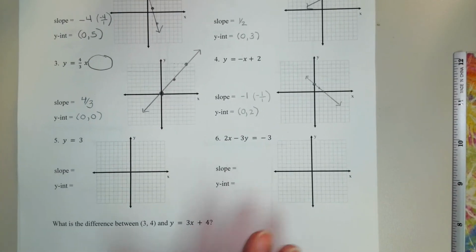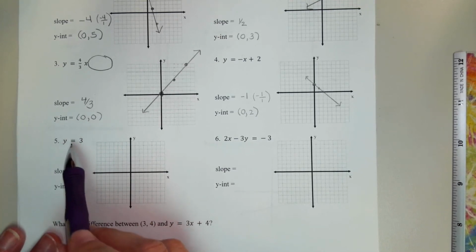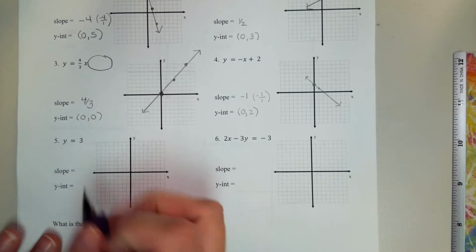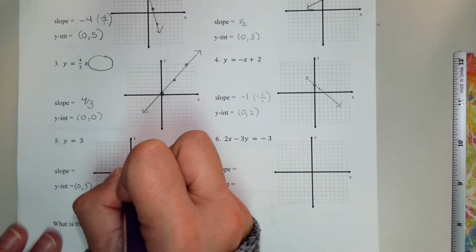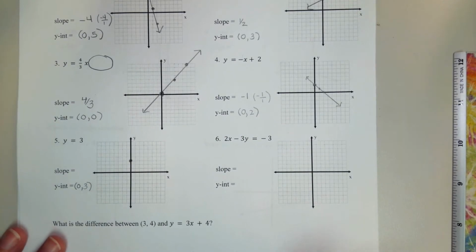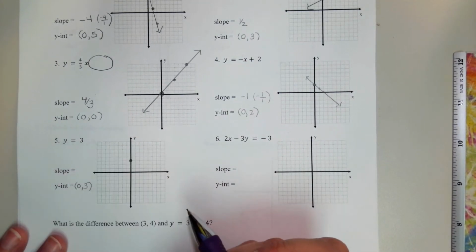All right, so now we come into this one. Notice that there is no x. When it's y equals 3, the y-intercept is at 0, 3. So it's there, but there's no slope because we don't have an m.